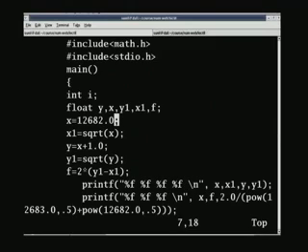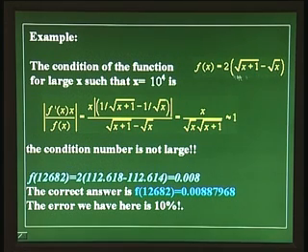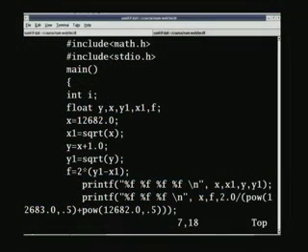Now what do I want to compute? I want to compute root of x plus 1 minus root x, into 2. What are the operations involved? First I have to compute the root of x, and then I have to compute x plus 1 and take the root of that. I call this y and the square root of that y1.